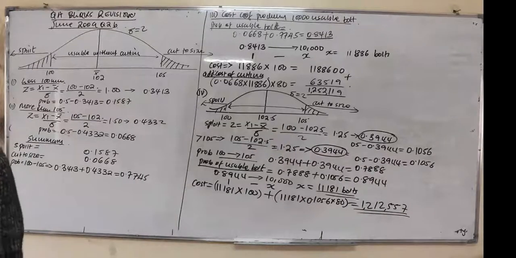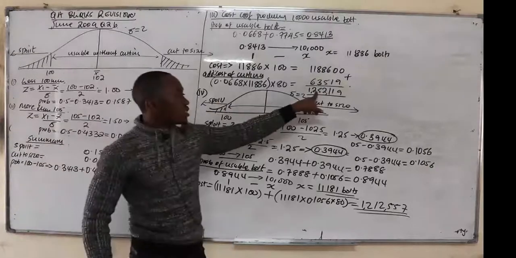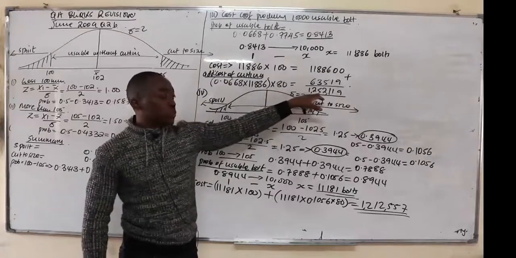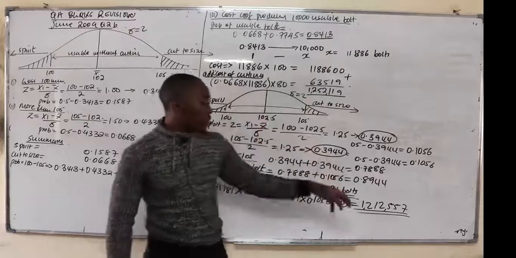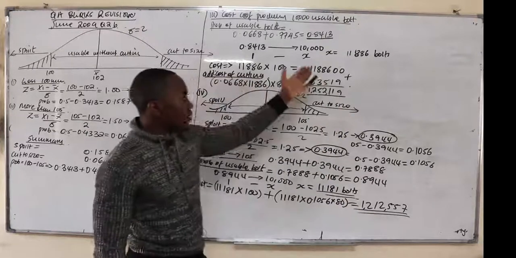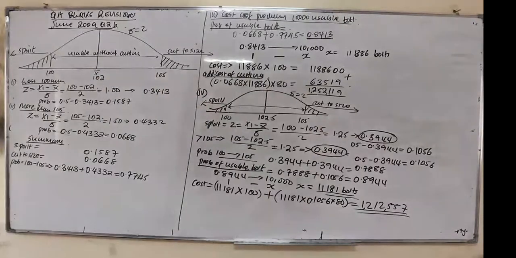Now, what is the cost implication? Can you compare the cost when the mean was 102? The cost was 1252. But after the mean has increased to 102.5, we have 12. So the cost has done what? The cost has reduced. You get your 20 marks.